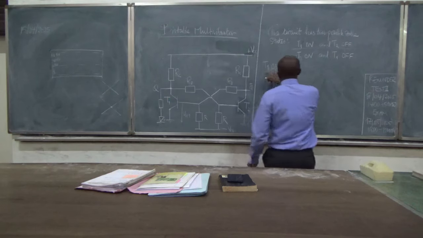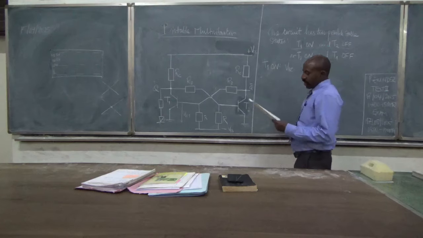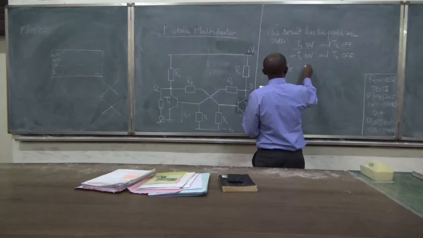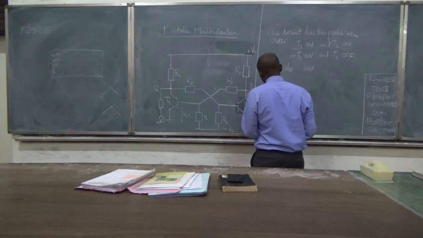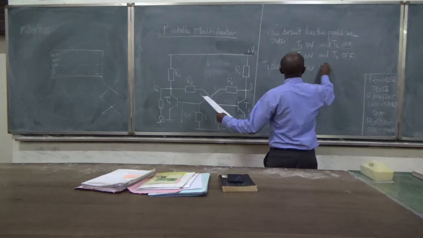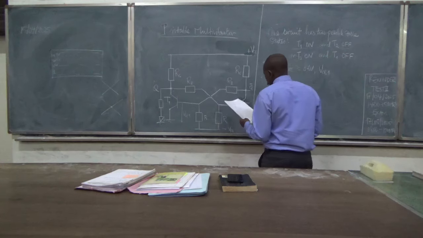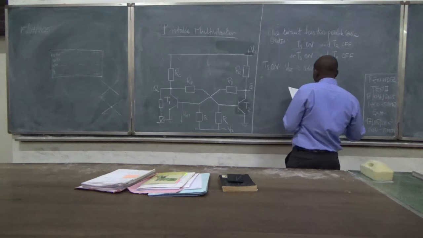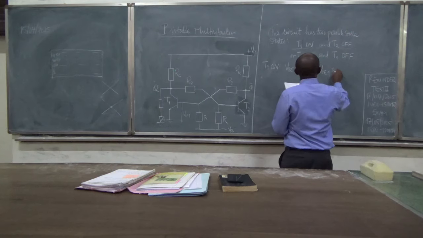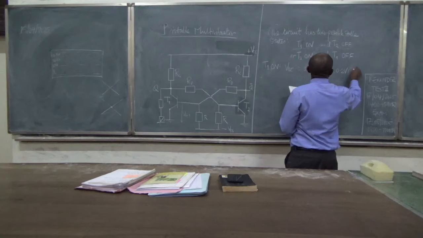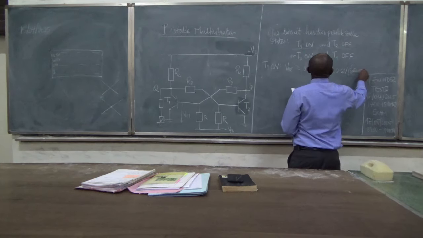So T1 is on if VBE1 is approximately equal to about 0.6 volts, and then VCE1, this output here, would be about 0.2 volts, and that means that it is saturated.